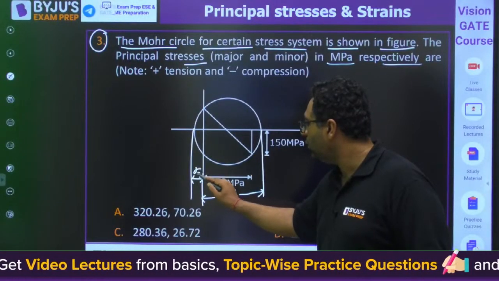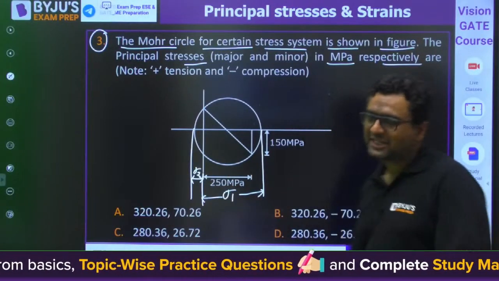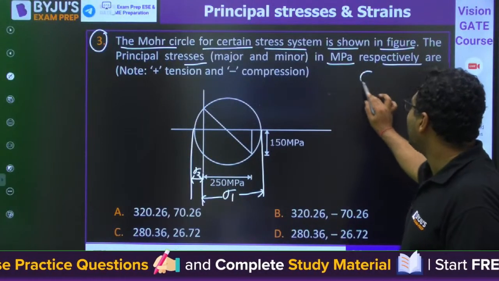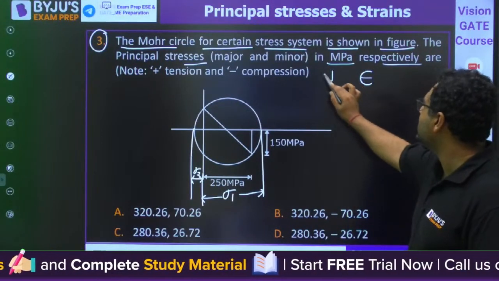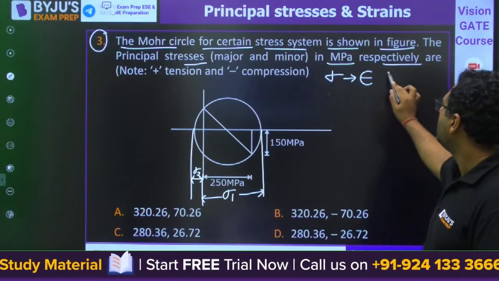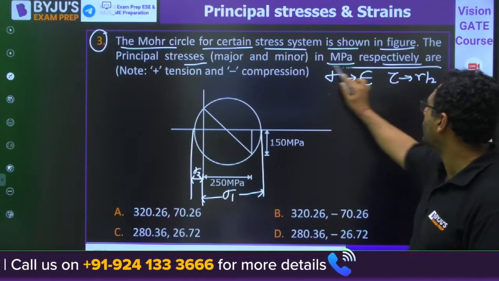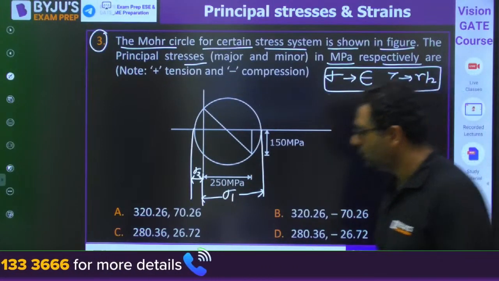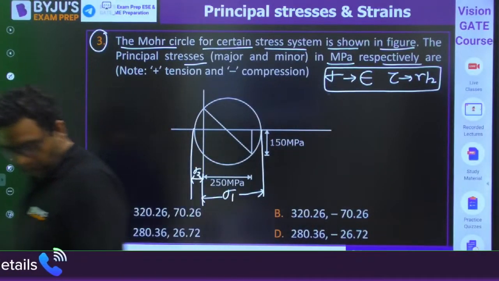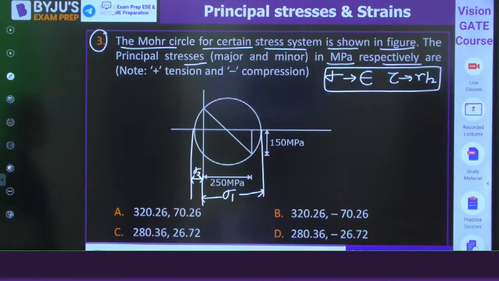If you remember the stress formula, to get the strain formula, sigma is replaced by epsilon, tau is replaced by gamma by 2. This is the strain formula analysis. Tell me the answer, guys.